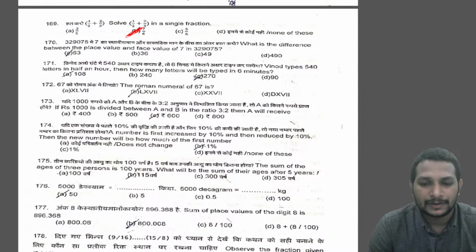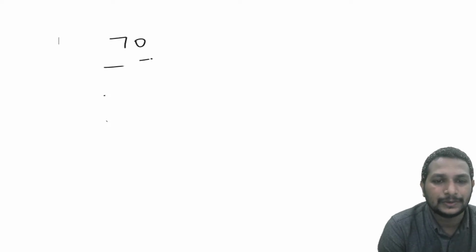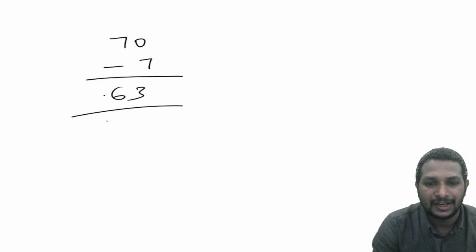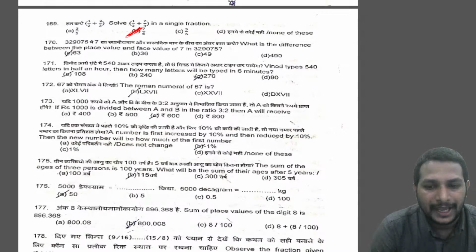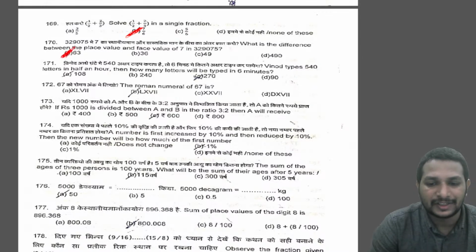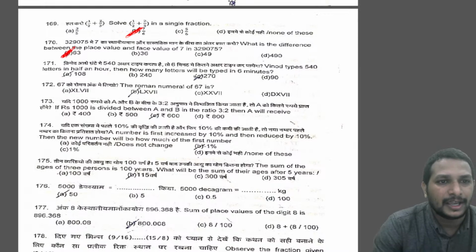Here, the first thing is the place value of 7 and the face value of 7. The place value of 7 is 70, and the face value is 7. So the difference is 63. That's nothing but option A. So the answer for this question is option A.